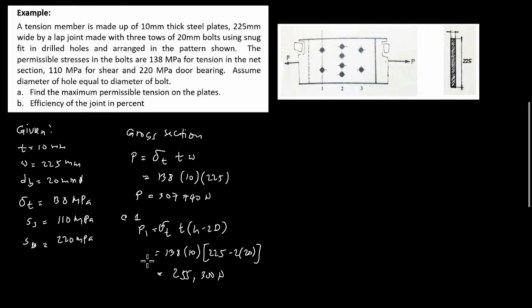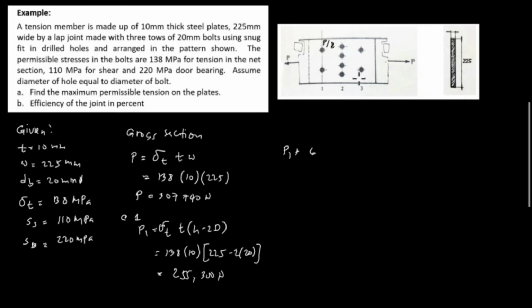So we have P1, which is 255,300 Newton. If we cut section 1, we have 1, 2, 3, 4, 5, 6. So we have 8 bolts. So we divide the total value of P by the number of bolts. In this case, we have 2, 4, 6, 8, which means in every bolt we have P over 8.